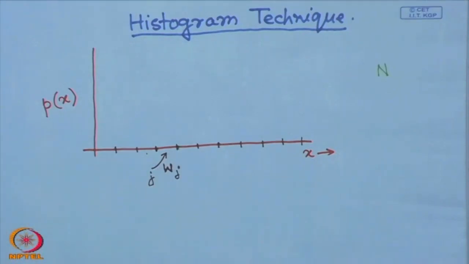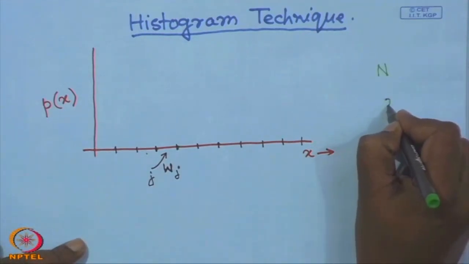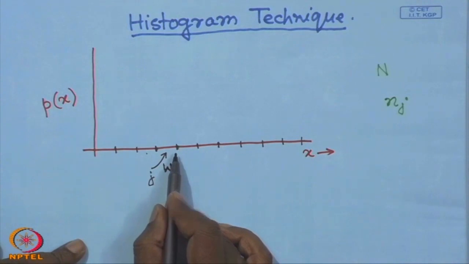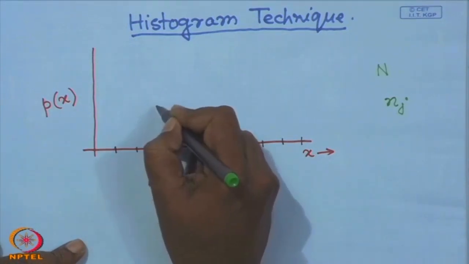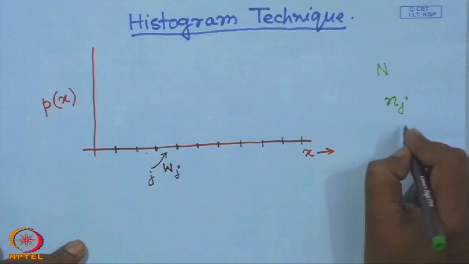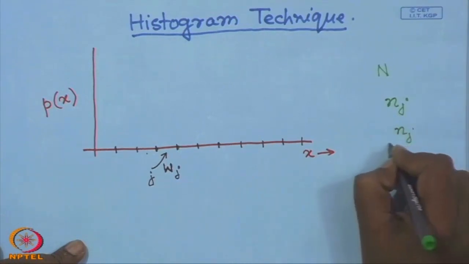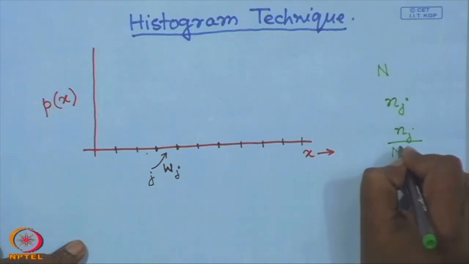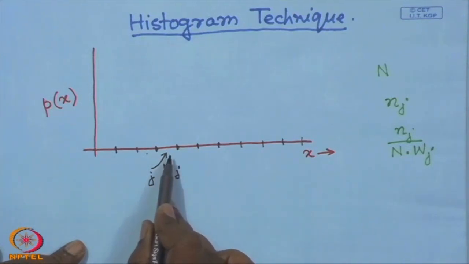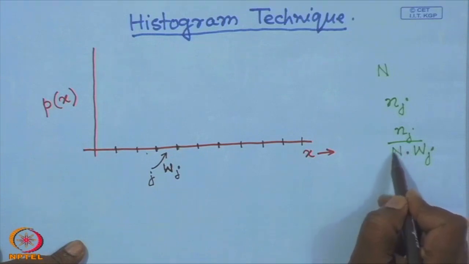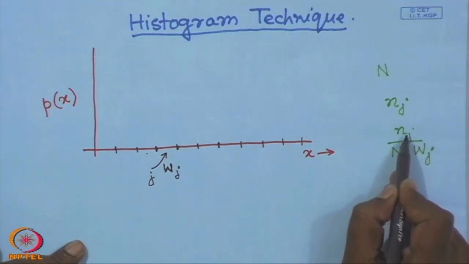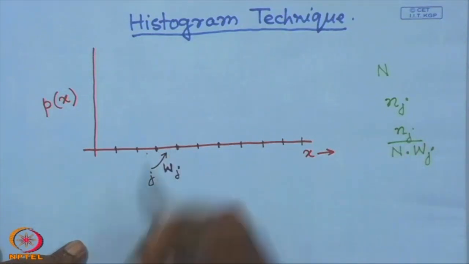So, by considering this, if I find that I have n_j number of samples which falls within this jth interval, then I will have a bar graph representing the probability density function, where the height of the bar will be given by n_j by N into w_j, where this w_j is the width of the jth interval, capital N is the total number of samples that I have, and n_j is the number of samples, out of these capital N number of samples, which falls in this jth interval.